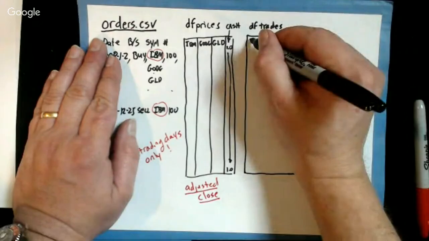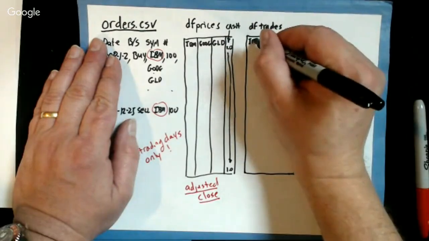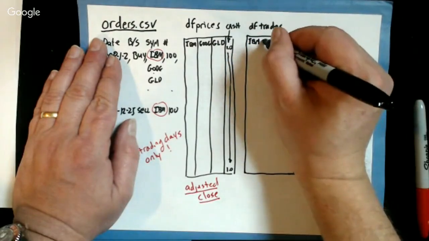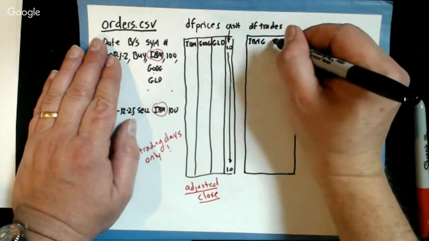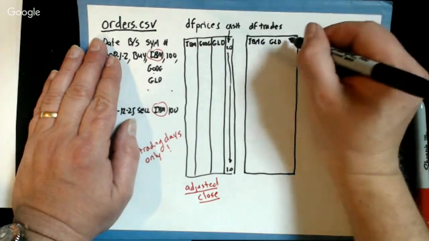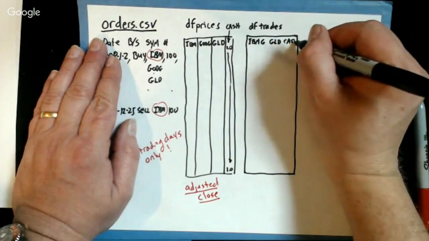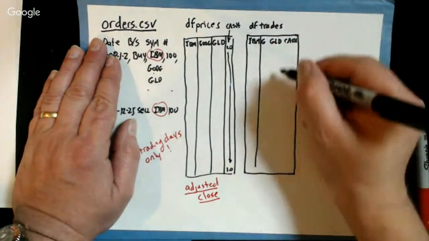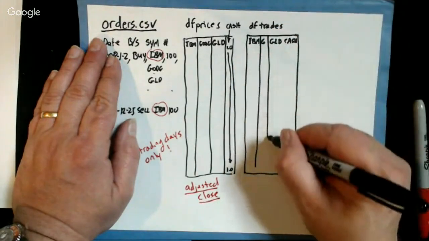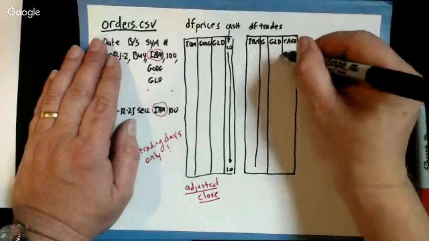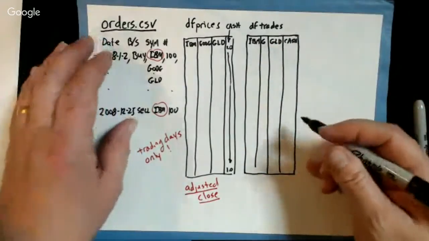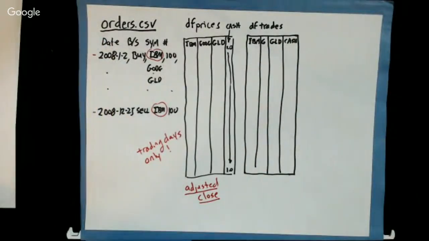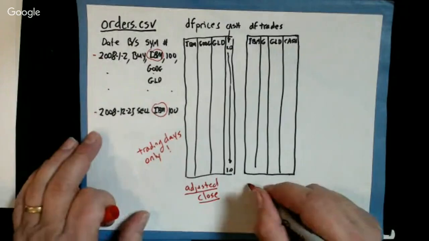So again, we'll have columns IBM, Goog, gold, and cash. And this data frame represents changes.